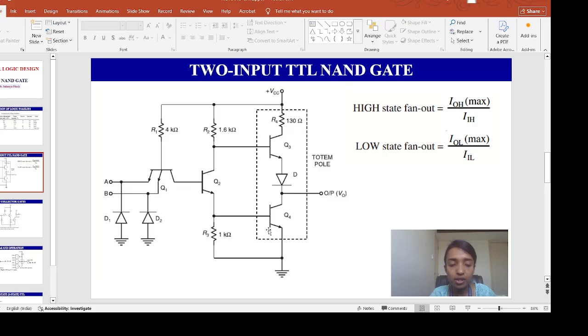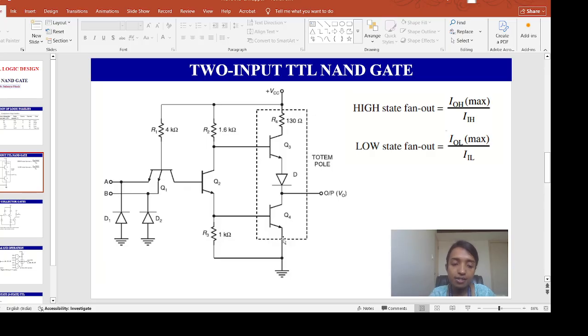When Q4 is on, Q3 can't be on, and hence we can conclude that Q3 and Q4 can't conduct simultaneously. So what are the advantages of this totem pole?